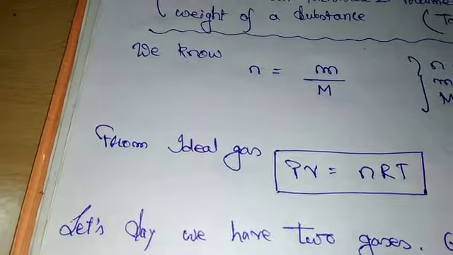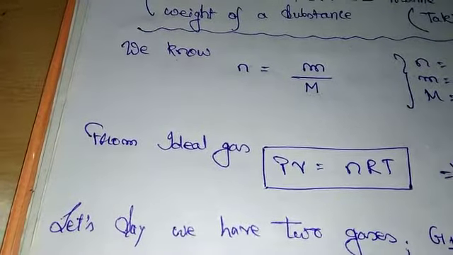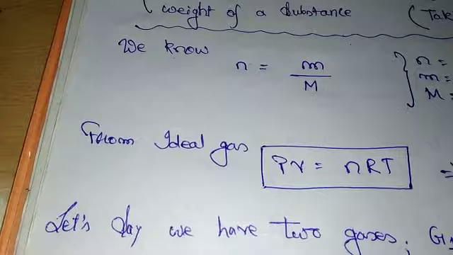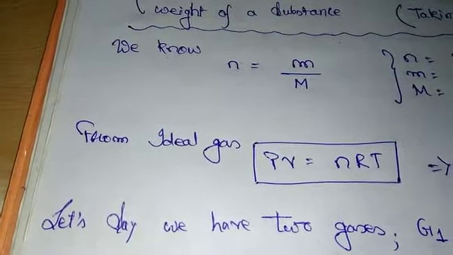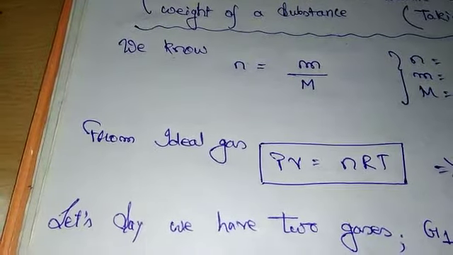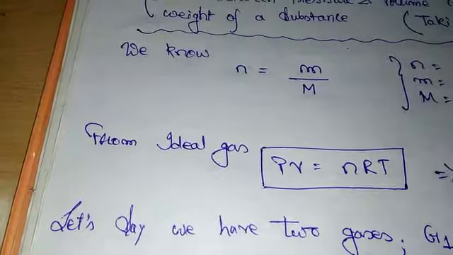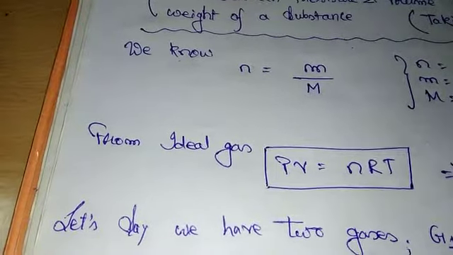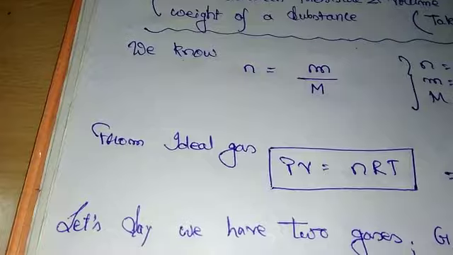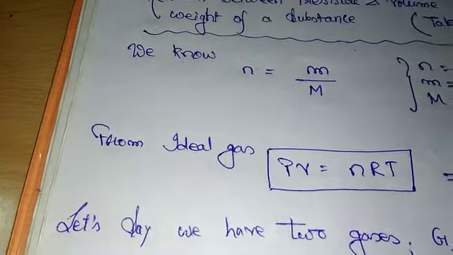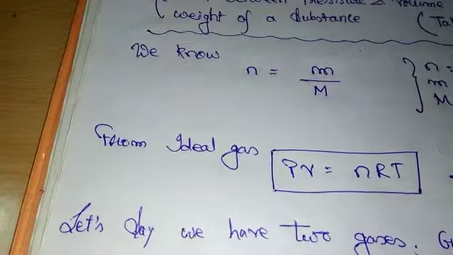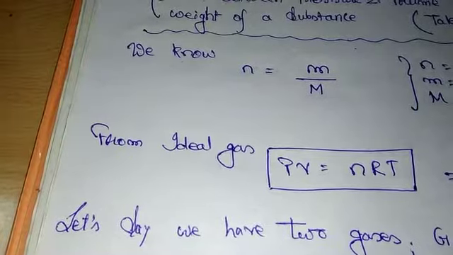So if I'm talking about oxygen, let's say, we all know that oxygen has a molecular weight of 16 approximately speaking. So if we are taking 32 grams of oxygen, it means that we have taken 2 moles of oxygen. So 1 mole is equal to the molecular weight of that particular element.